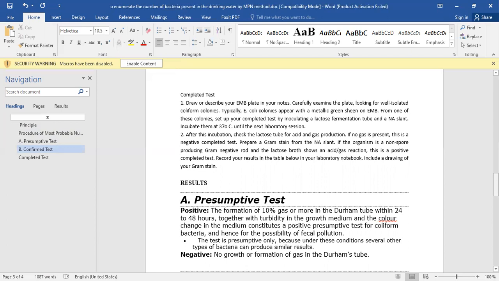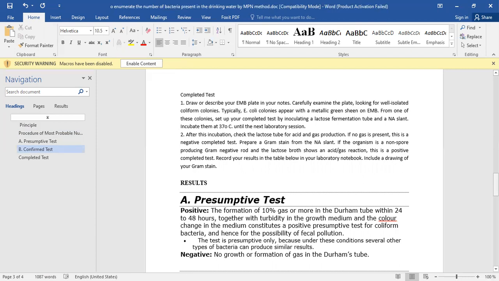So if coliform bacteria are there, if E. coli is there, then it will show the green color. From one of these colonies, set up a lactose fermentation tube and a nutrient agar slant. Then we incubate them at 37 degrees centigrade until the next session.